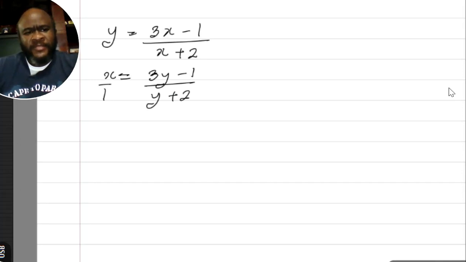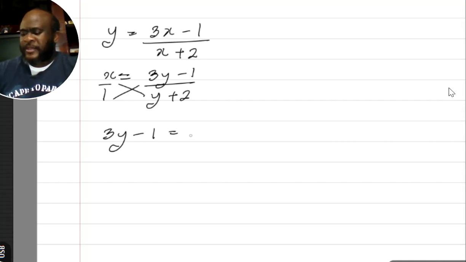Step 3 is to make y the subject again. When I'm finished, I must only have one y, by itself on one side. So if I have one fraction equal to one fraction, I'm going to cross multiply. We have 3y minus 1 is equal to x times y plus 2.